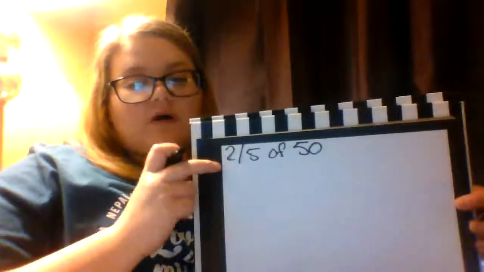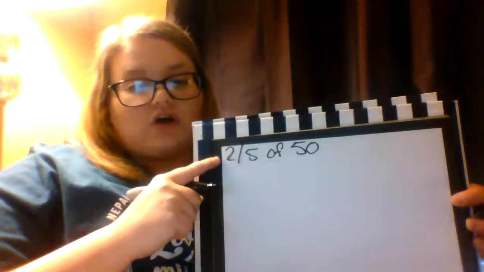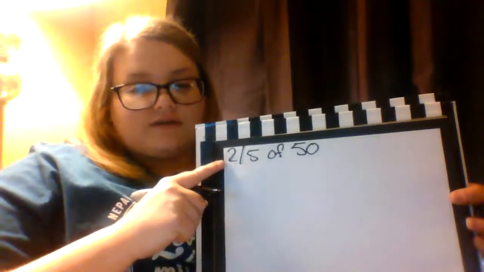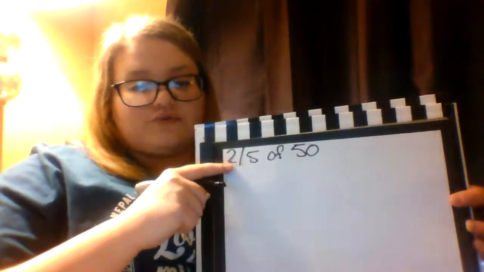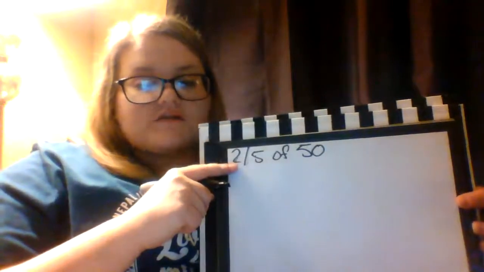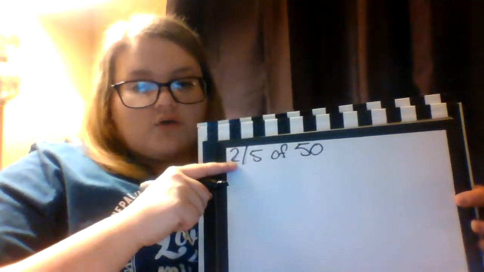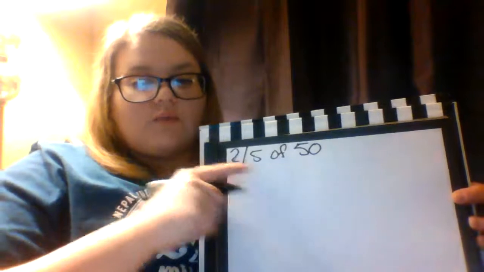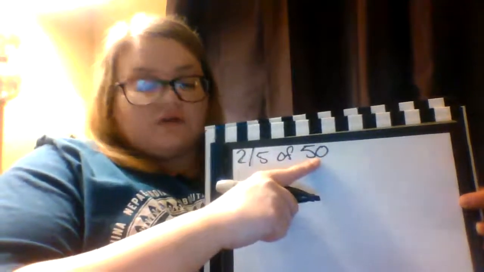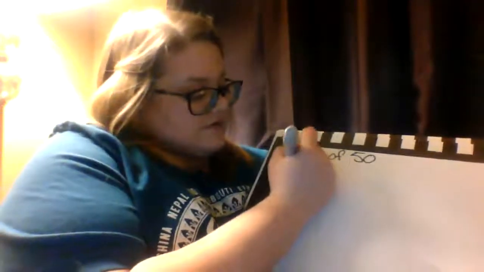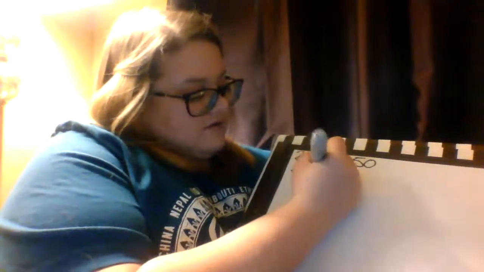Okay, so this is what we want to solve. We're going to take this number 2, our numerator, and multiply it by the whole number that they give us. So we're going to say 50 times 2.